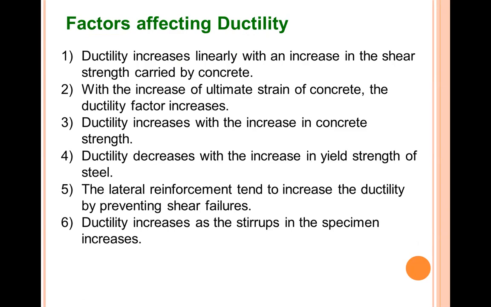Then the ductility increases with the increase in the ultimate strain of concrete. So with the increase of the ultimate strain of concrete, the ductility factor increases. Next, ductility also increases with the increase in the concrete strength. So you can understand from the first point itself, if the concrete strength is more, the ductility of the structure increases.